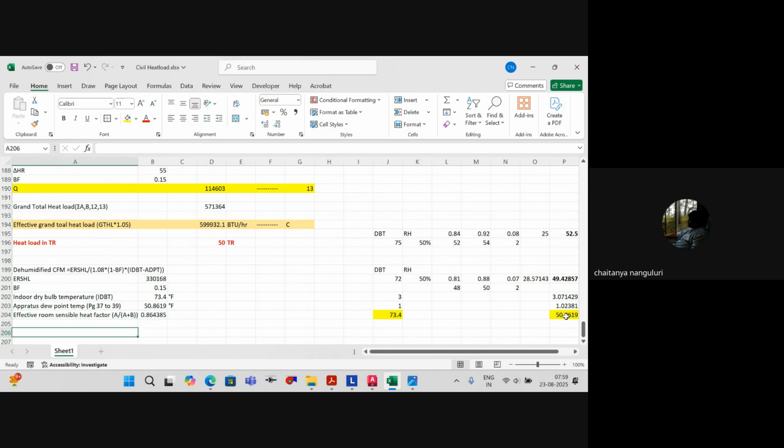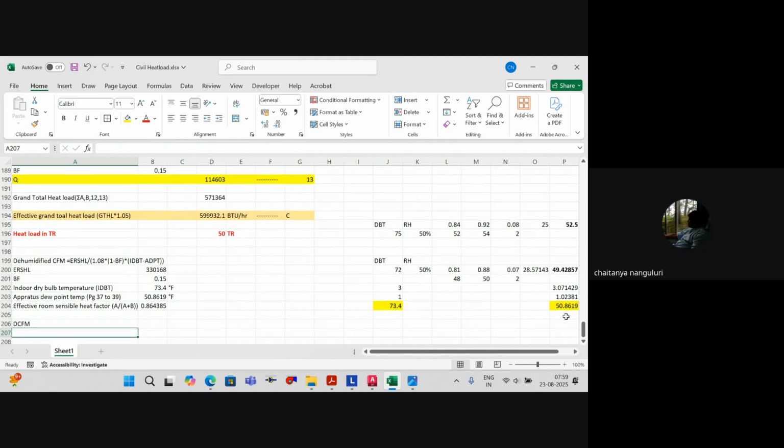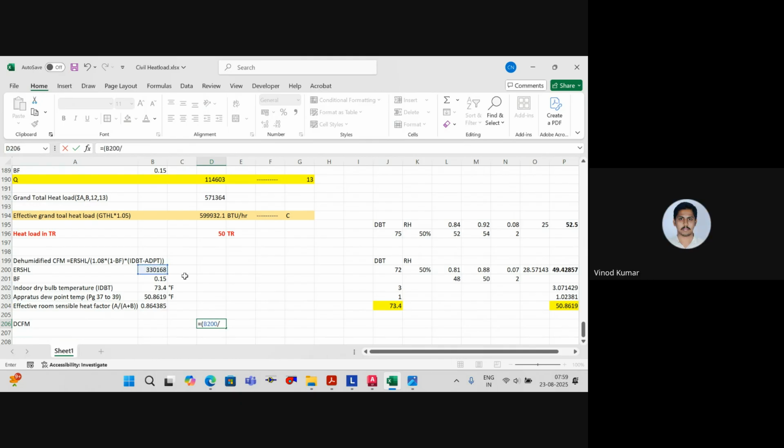Now don't you think I can calculate DCFM, the dehumidified CFM? DCFM is equal to the effective room sensible heat load, which we are already aware of, divided by 1.08 into 1 minus bypass factor, 1 minus 0.15, into indoor dry bulb temperature minus apparatus dew point temperature.